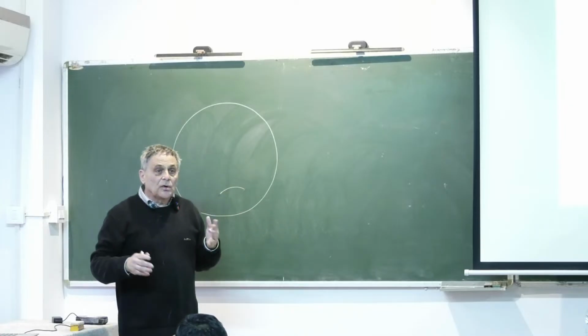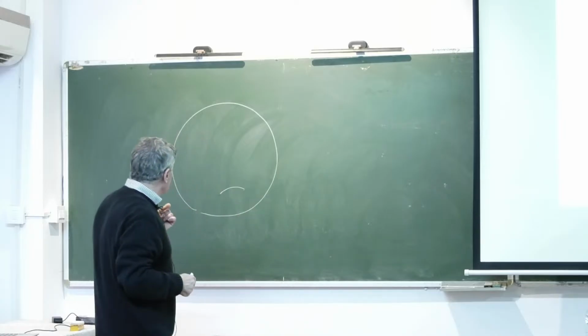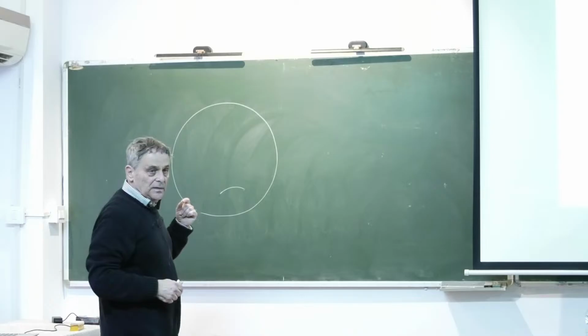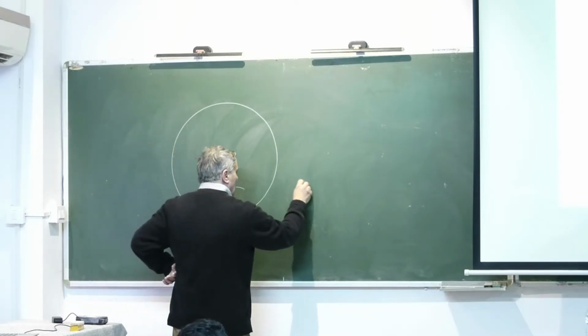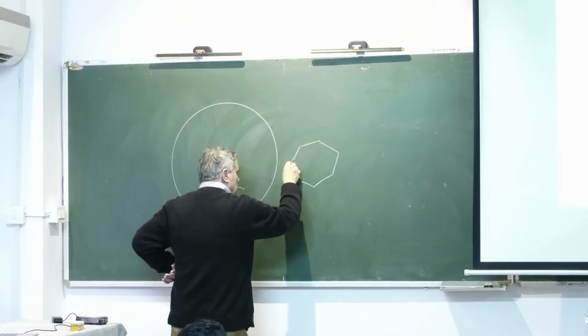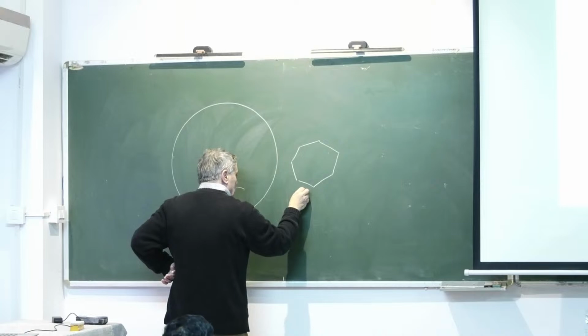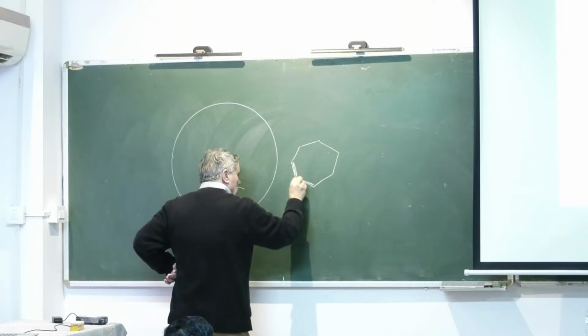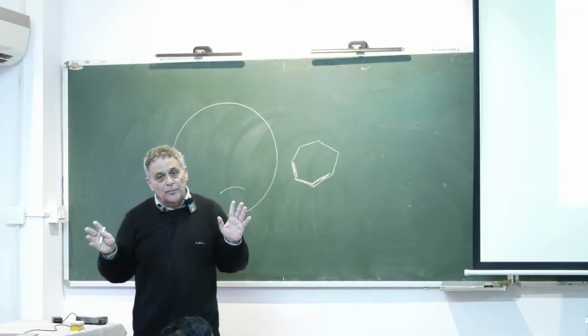All the sides and all the segments I'm taking here are geodesics. So I want to build this. So suppose this is my hyperbolic hexagon, and I want to show that these three sides determine completely the hexagon.